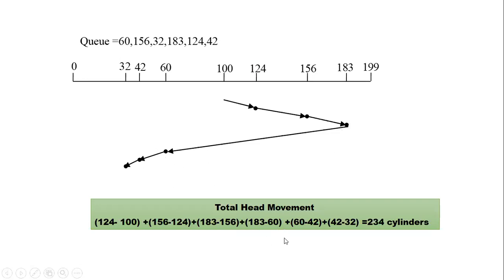Then 60 to 42, 60 minus 42. 42 to 32, 42 minus 32. We add up all the terms and we will get 234 cylinder movements. The total head movement is 234 cylinders. So here you can see that the number of head movements has been reduced in this case.